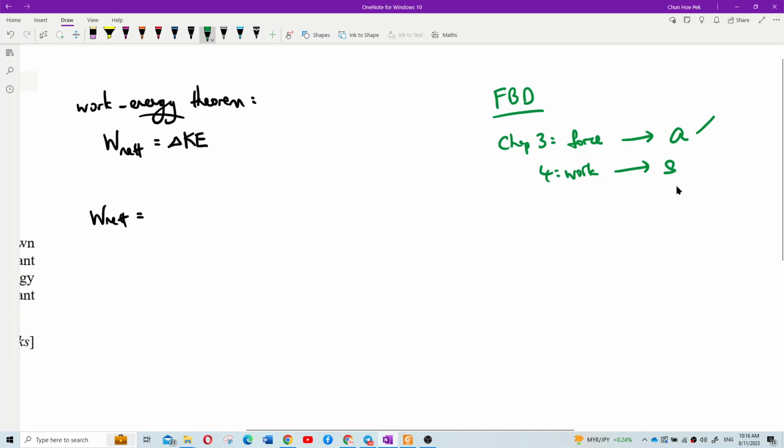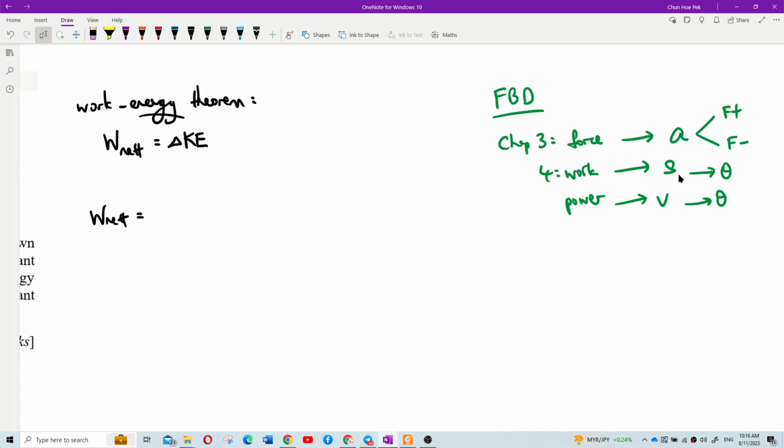Force in the same direction as acceleration is positive, opposite is negative. For work done, we must compare with displacement to find the angle theta. And chapter 4 also has power. We need to draw velocity for that, also to find theta. Remember that one?